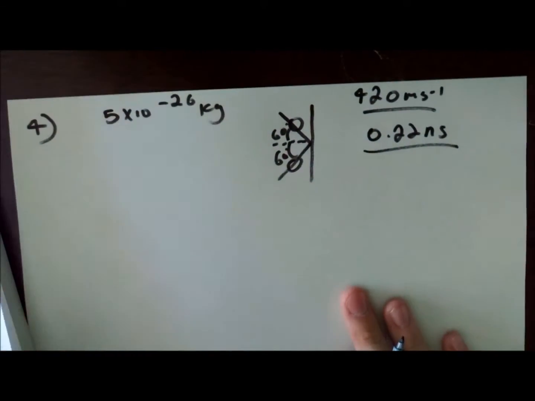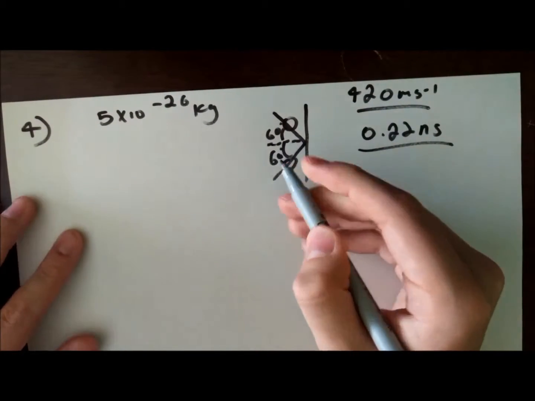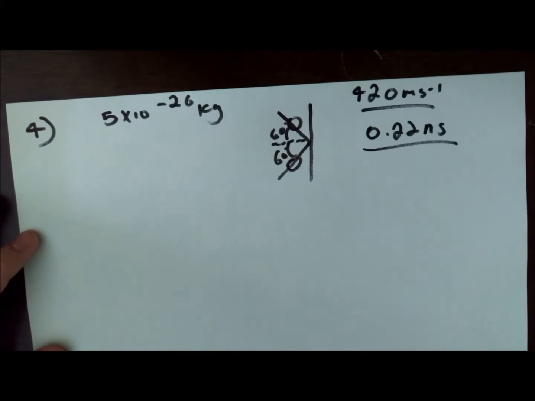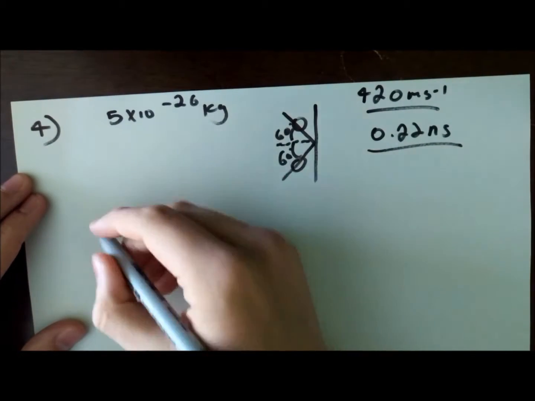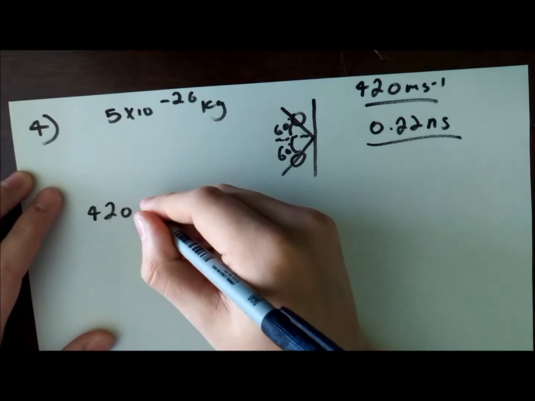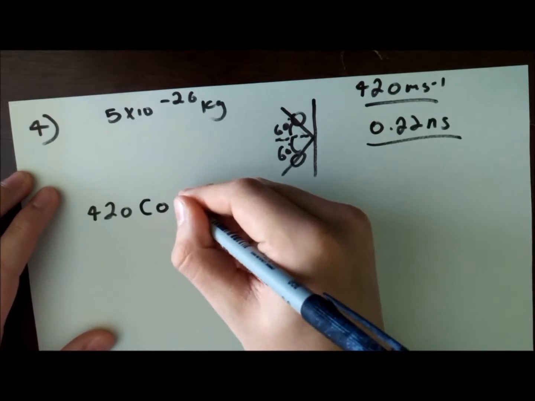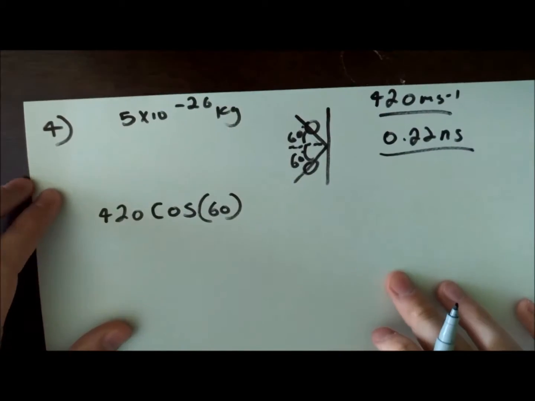Right. Now what we're going to do is find the horizontal component. So we're going to be using cosine. We're going to go 420 meters per second cos 60, because that's the angle we get.